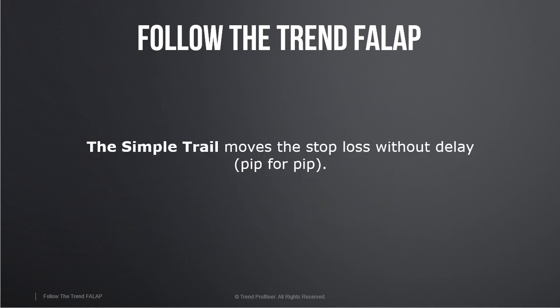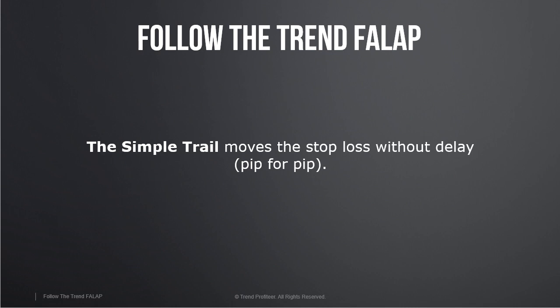The simple trail moves the stop loss without delay, pip for pip. So in the previous example, on that third target, when trailing is activated, if you selected simple trail, at 75 pips was that third target, it would then move pip by pip. If the price moved to 76 pips in profit, then the stop would move another pip.